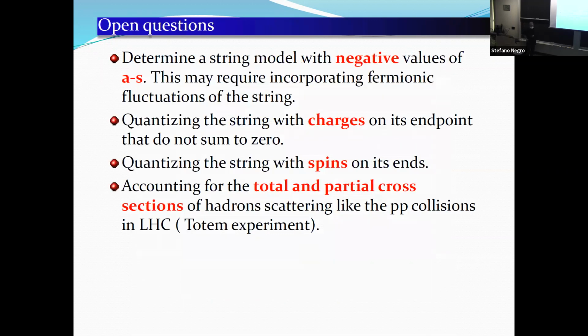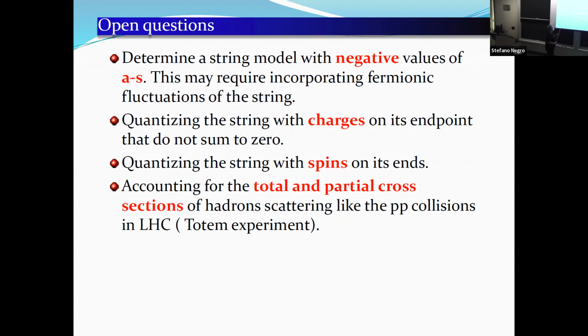Okay, so I'll just mention several open questions. There are plenty of them, but an important one is this story of this repulsive Casimir force, this negative intercept. We don't know really how to get it in all cases. If we have asymmetric masses, for instance, no mass and massive, then it gives a negative value.